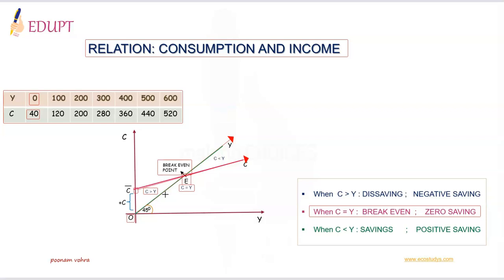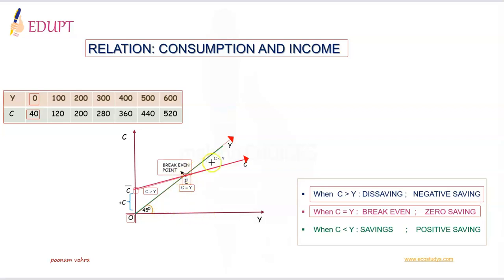Whatever the case may be, it ends up being liquidating their own assets, which is called dis-savings. So when consumption is more than income, it leads to dis-savings or there are negative savings.